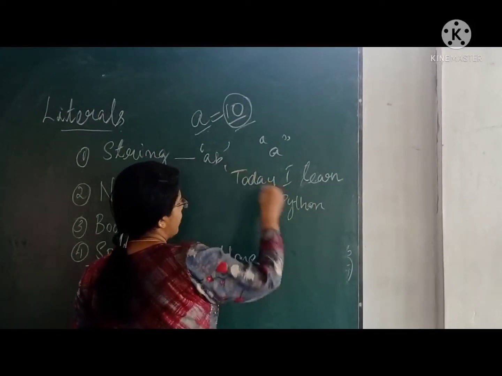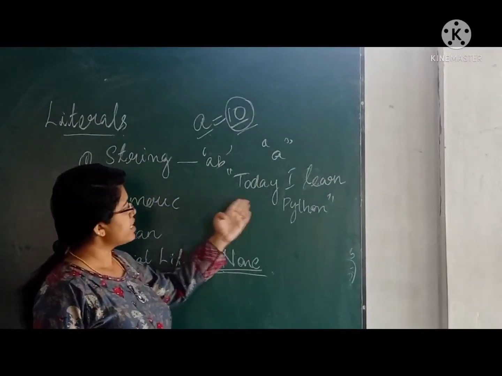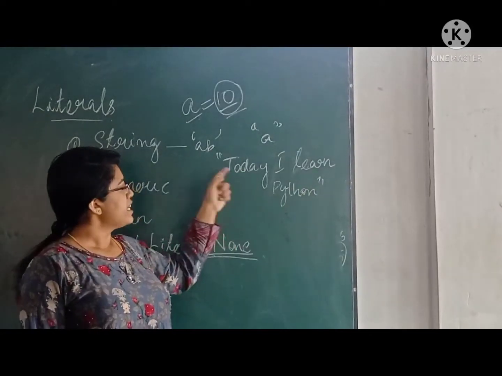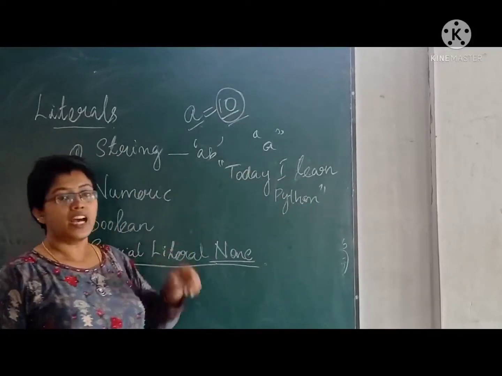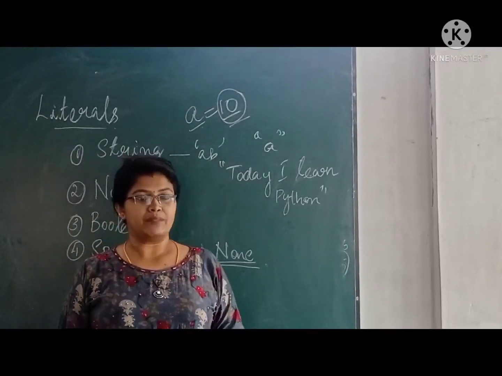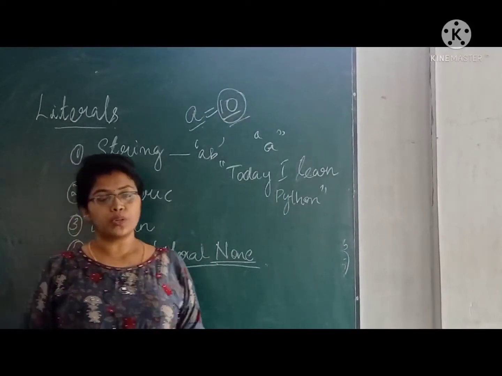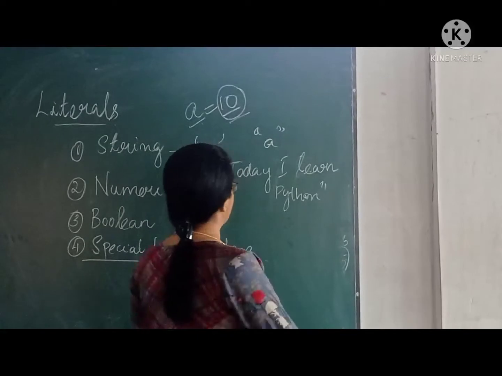I enclosed it in double quotes. This is a string literal. "Learn Python", this I also enclosed in double quotes. This is a multi-line string literal. We can classify string literals into two types: single line literal and multi-line literal.